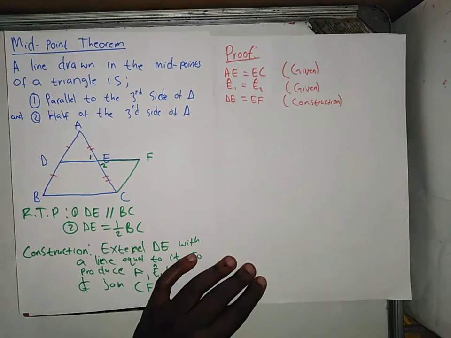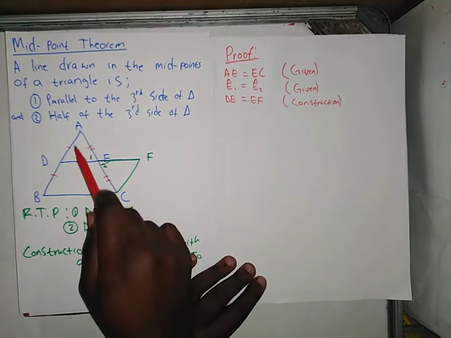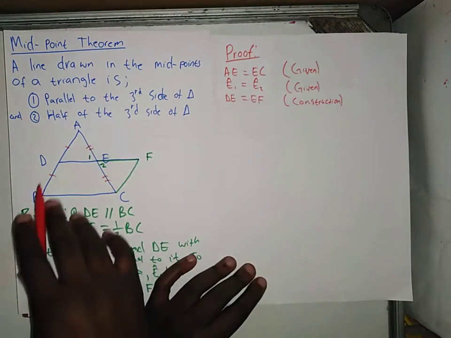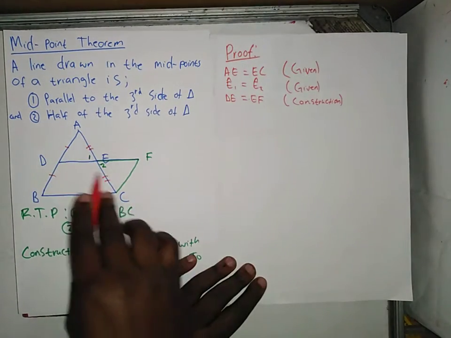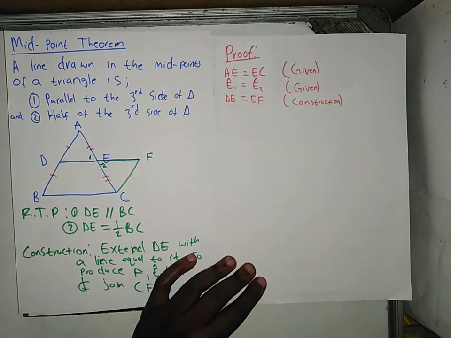Now can you see? You've got this triangle. Actually, before you start, you must say that in these two triangles, because you are trying to show that these two triangles are congruent to each other.